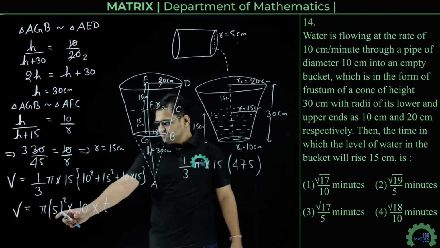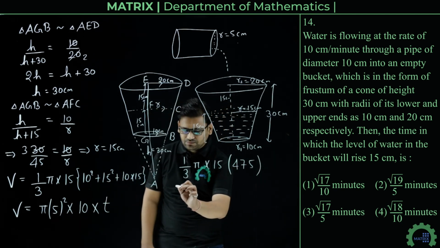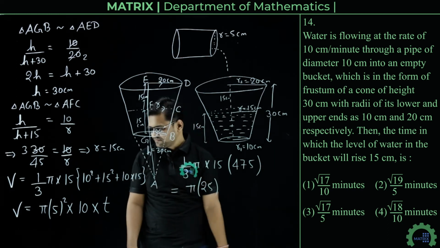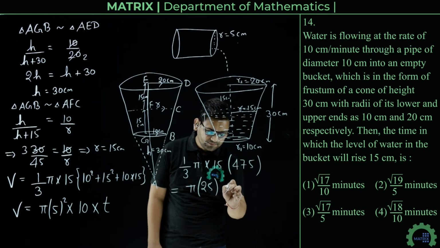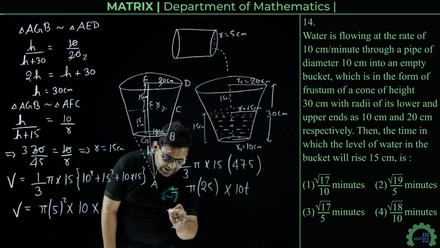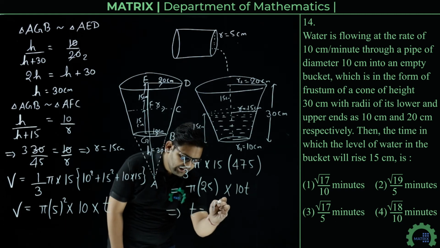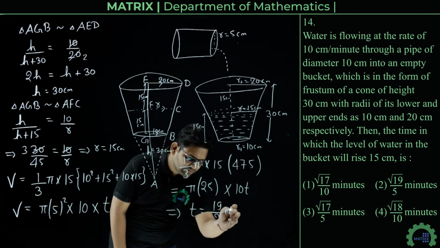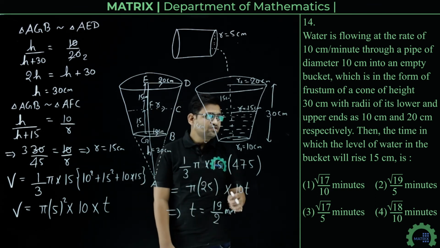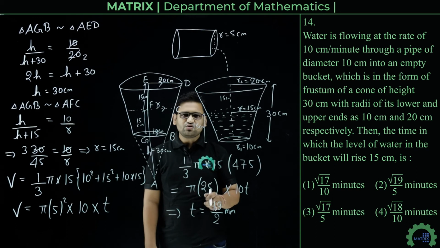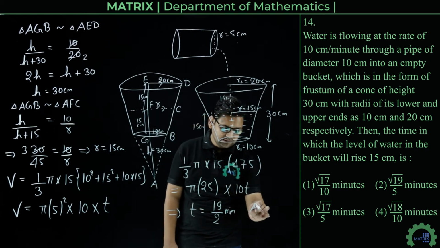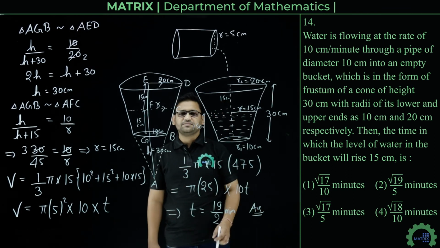That will be equal to pi into 5 square, that is 25, multiplied by 10t. On simplifying this equation, we get the time is 19 by 2 minutes, which is not matching with any option. So this question will be bonus.